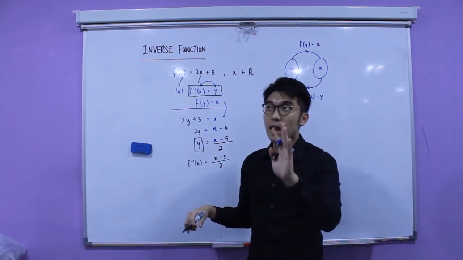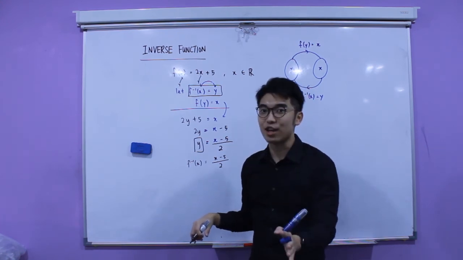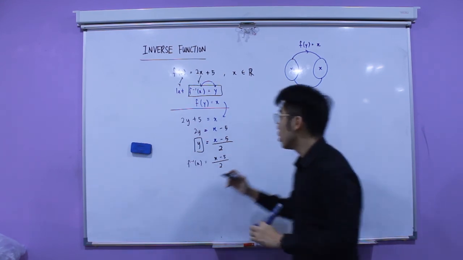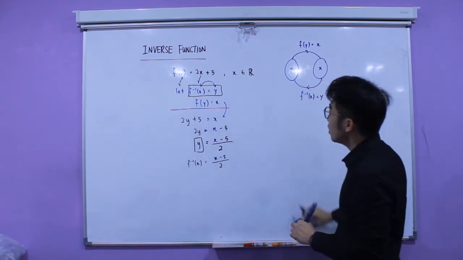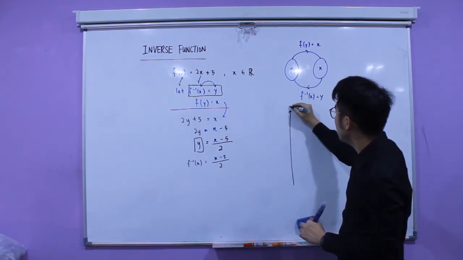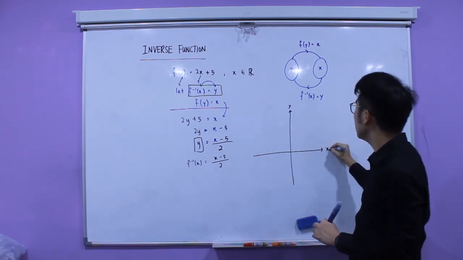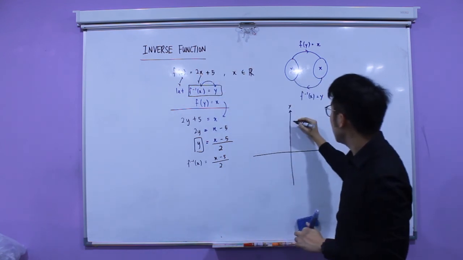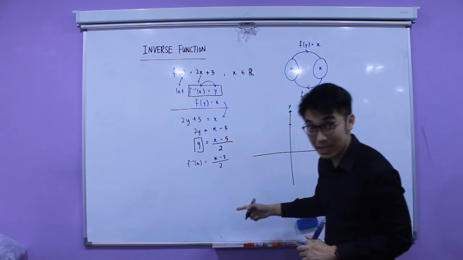Now the last thing that I really want to address in this video is how you could sketch an inverse function, and let me show you a quick one. This is how we sketch the normal function. We know that the equation is 2x plus 5, and to plot this, we find some points, connect them and see how it looks.